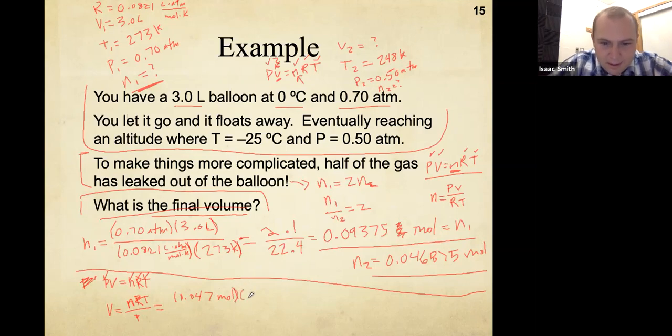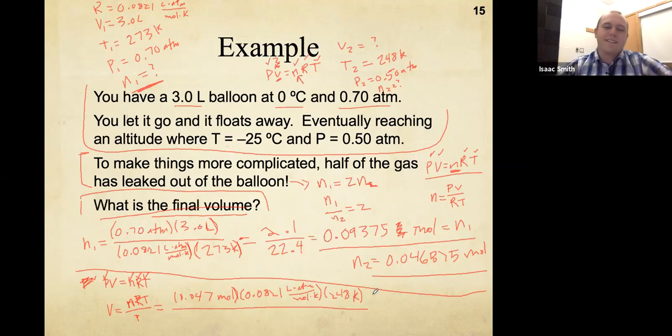Okay, so that's N. R is 0.0821 liters atmospheres over mole Kelvin. And then T is going to be 248 Kelvin. I promise my handwriting is not this bad in real life. This makes me look so sloppy.